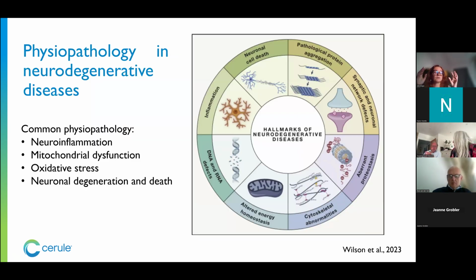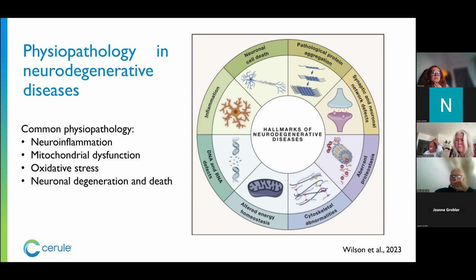What is interesting is that for these two pathologies, which are the most prevalent neurodegenerative diseases, we have a common physiopathology. We have neuroinflammation, mitochondrial dysfunction, oxidative stress, and an accumulation of proteins. For Parkinson's disease, alpha-synuclein.